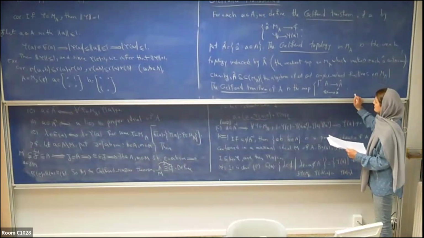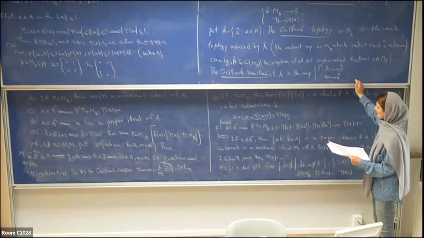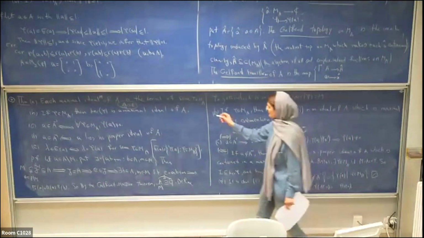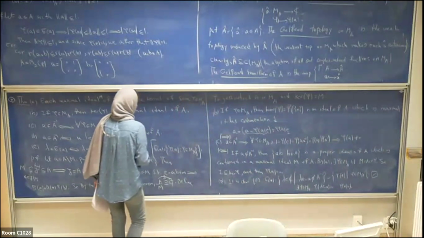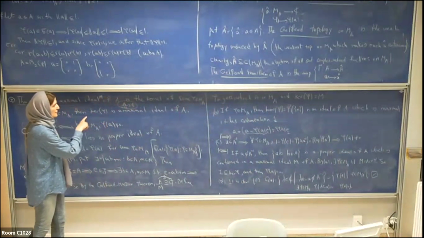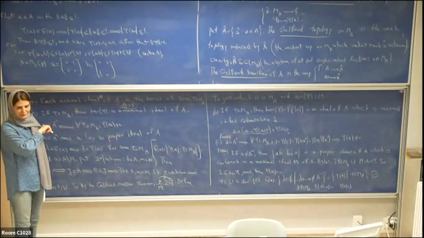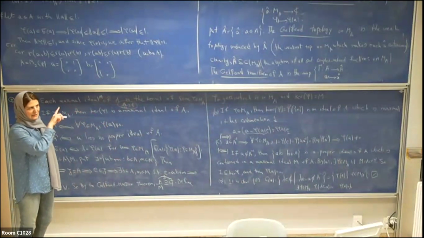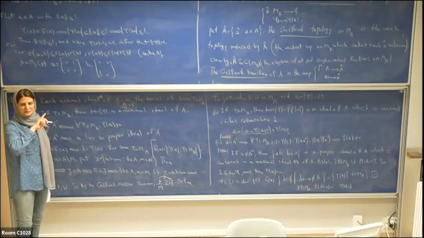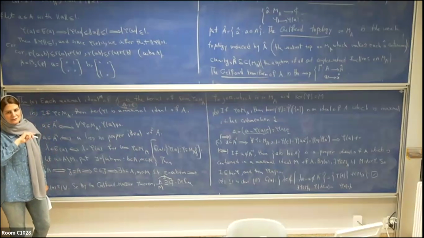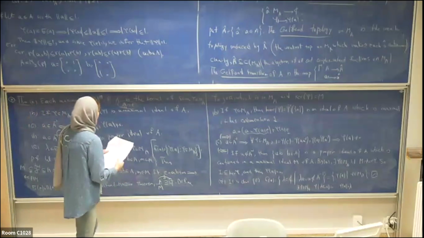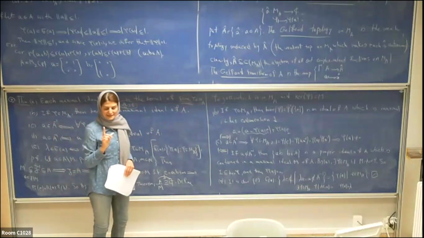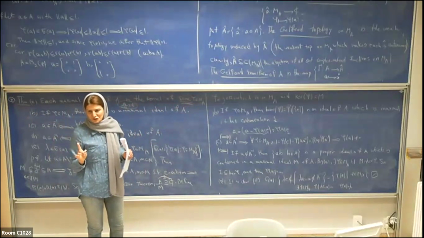And since there exists, because of this theorem, a one-to-one correspondence between the elements in M of A and the set of maximal ideals, M of A, the character space in the commutative case, is usually called the maximal ideal space of A. This correspondence is exactly unique, that's why I said bijection.